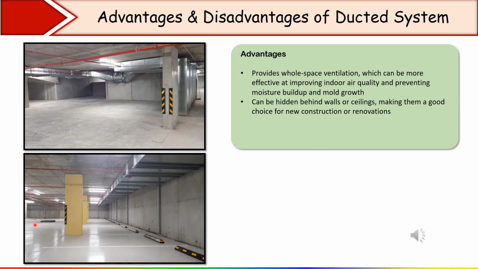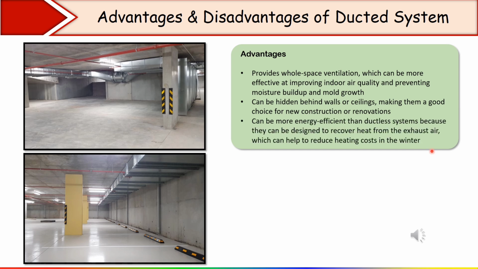Because in this system we are taking duct routing to the whole space, and at every distance we have to maintain some space between grill placements. So with the help of this system you can provide whole space ventilation, which can be more effective at improving indoor air quality and preventing moisture buildup and mold growth. So these are the advantages.